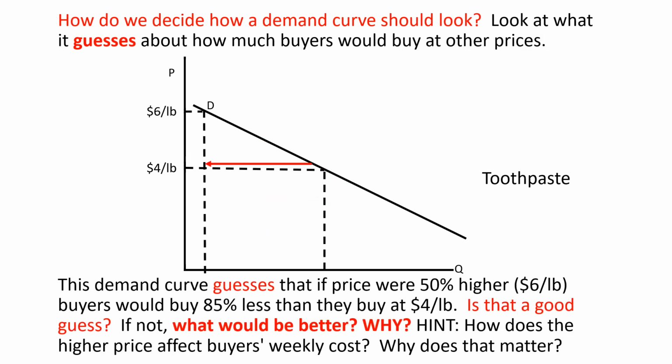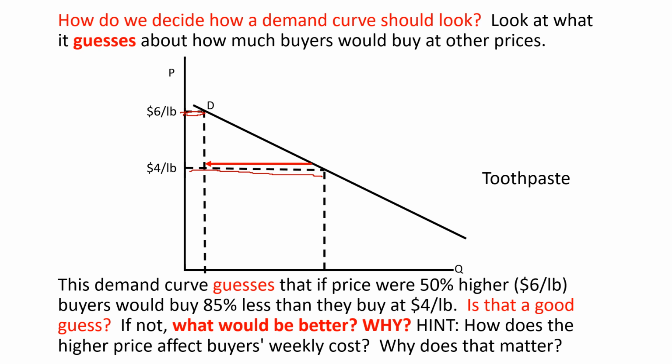This slide shows more precisely what the demand curve guesses about Americans' demand at another price, $6 a pound. That's 50% higher than $4, the average price. And the prediction in this demand curve is that Americans would buy very little. They'd buy 15% as much toothpaste as they do when the price is $4 a pound.